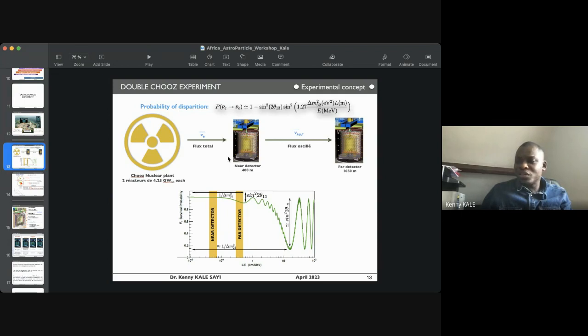So this means that the simple fact of measuring these neutrinos coming from the nuclear power plants is telling me how the inside of the nuclear power plant is operating. You see, I can have information about the core of the nuclear power plants.